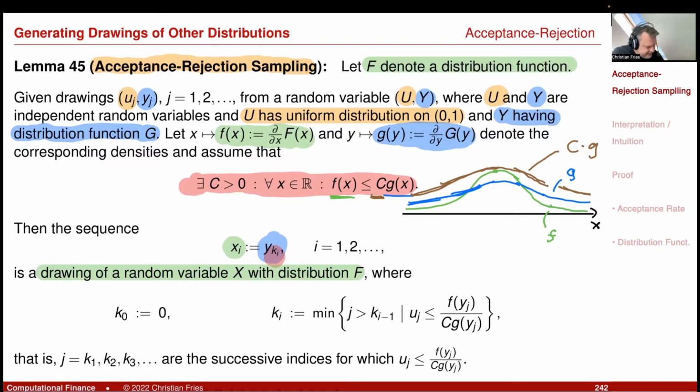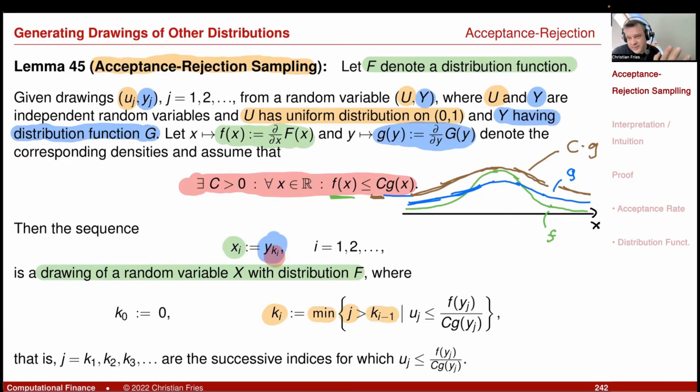So the i starts here from 1, 2, and so on. To be formally correct, let's initialize k0 to 0. So k0 doesn't appear here in xi equals y of ki, but k0 is 0. Then ki is defined as the minimum index that is larger than ki minus 1.